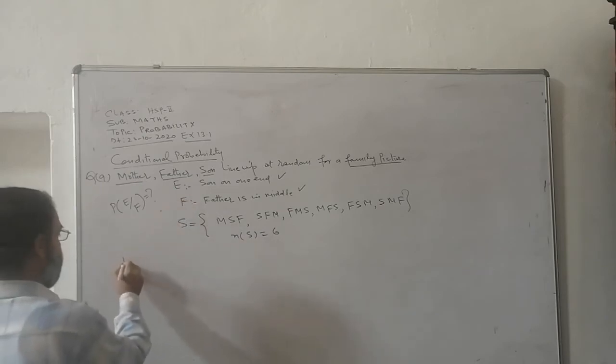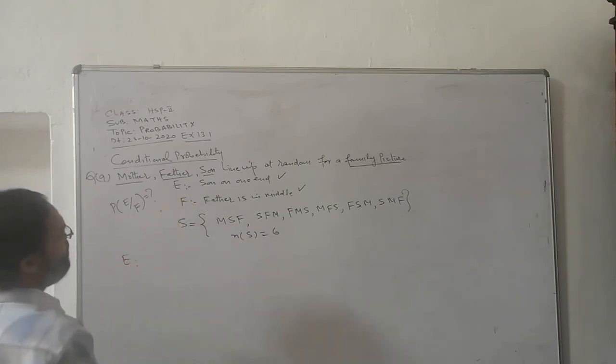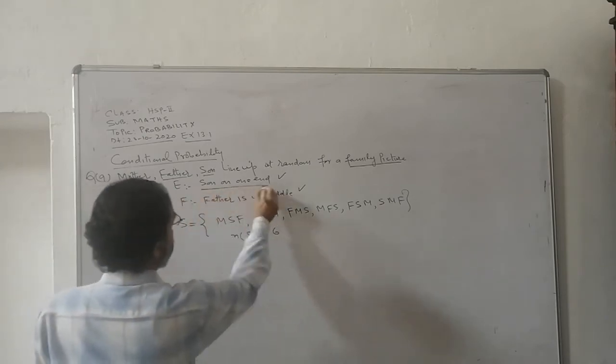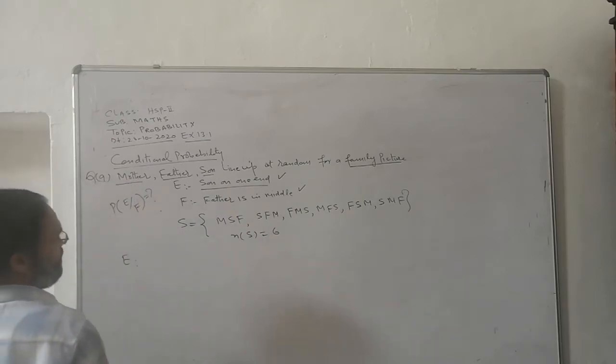So E is the event where the son is on one end.